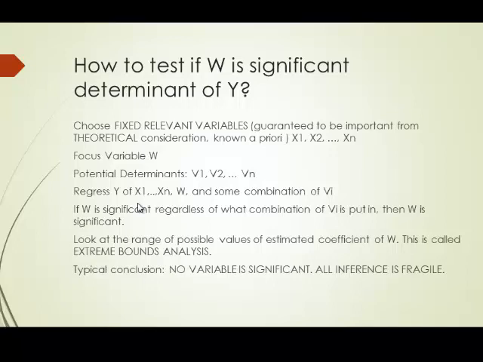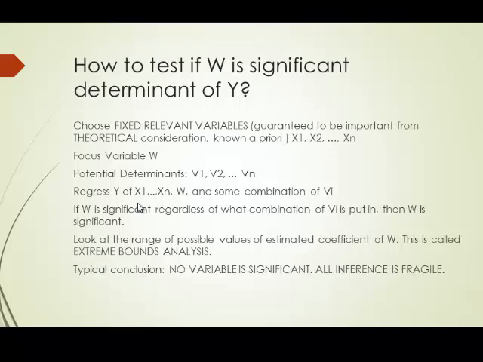I want to know, does IPR matter or not? Now there is this specification search method that I can make it matter by choosing the right collection of variables. But suppose I want to be serious and I want to really know, and I want to do what we are supposed to be doing, that is to discover whether or not W matters.